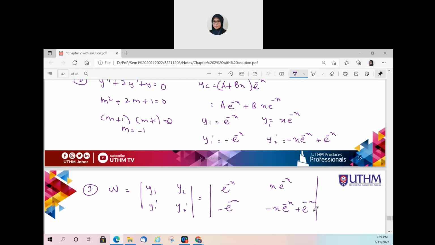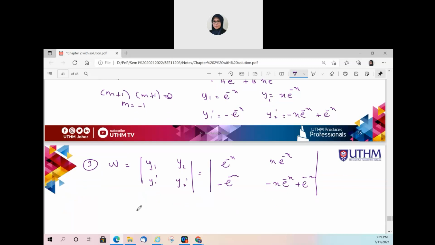Then equals to this one times this one, you have exponent minus x times x exponent minus x plus exponent minus x, minus exponent minus x times x exponent minus x.